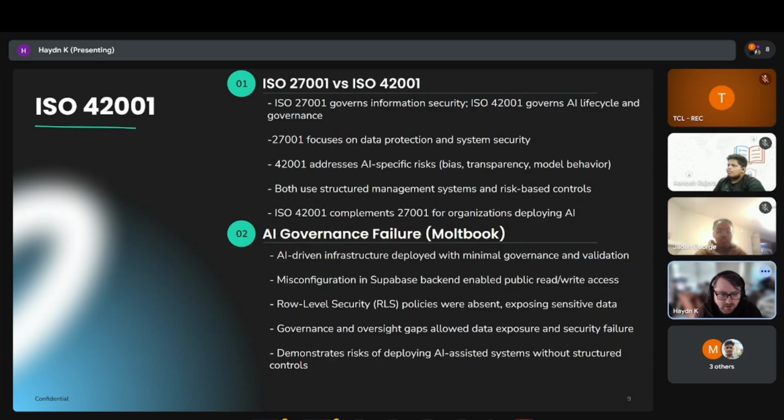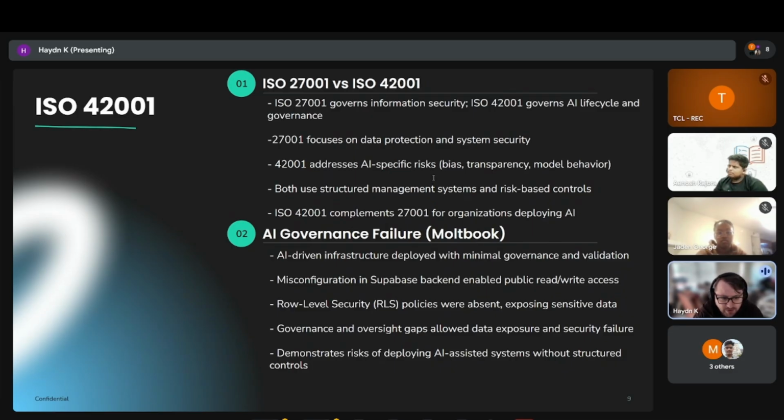They were the first platform that was developed primarily through AI-assisted coding practices, known as vibe coding, with minimal traditional development oversight. It illustrates the risks associated with over-reliance on AI-generated infrastructure when governance, validation, and security controls are insufficient.